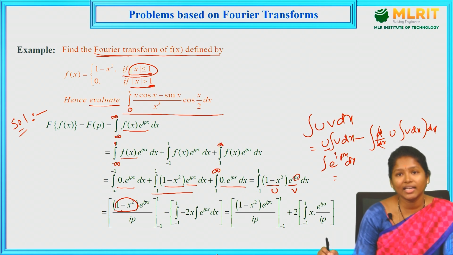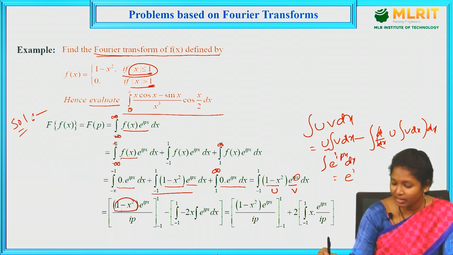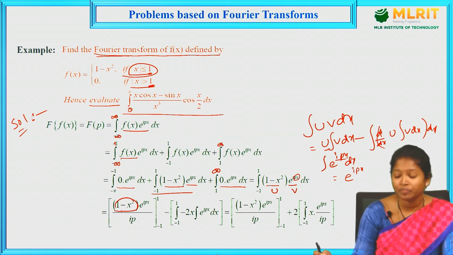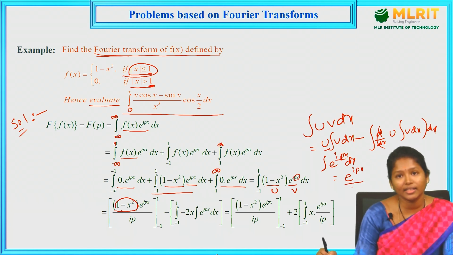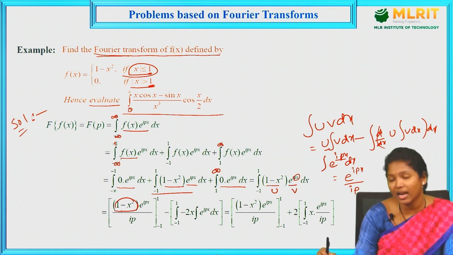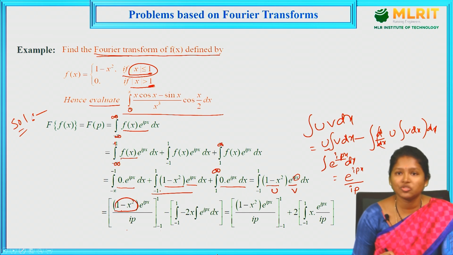The integral of e power x dx is e power x. So here it is e power ipx, but since ip is there, we write it in the denominator. So we get e power ipx by ip, in the limits minus 1 to 1.